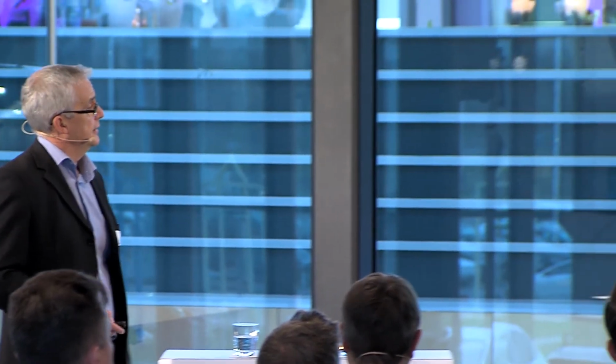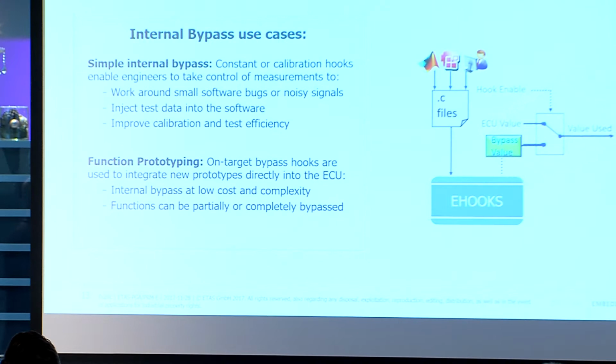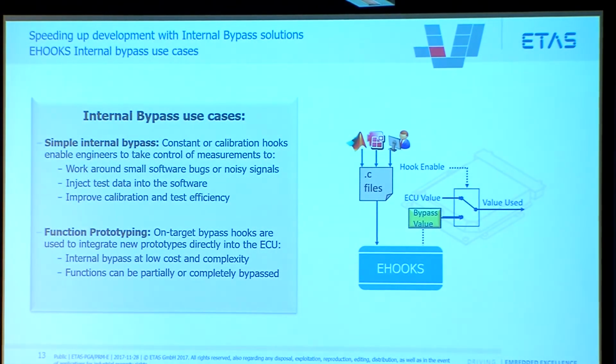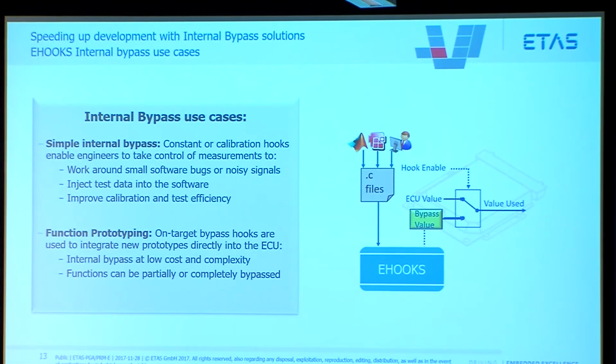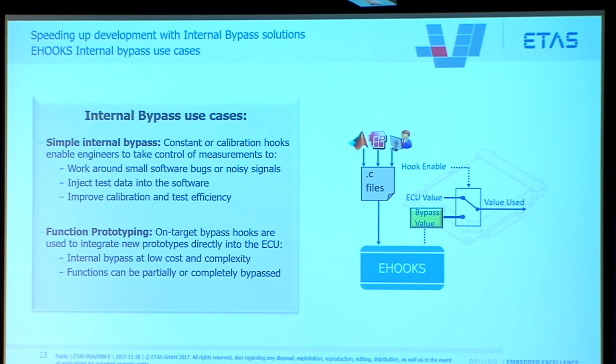But what we're really interested in for function development is eHooks can insert this thing called an on-target bypass hook, which takes the value directly from the new Simulink or ASCET function that's running in the ECU software. And because it's a variable hook, it allows the function developer to bypass the whole of an ECU function or just part of it, depending on what the use case is. So it gives them a high degree of control over how they actually do the bypass experiment.